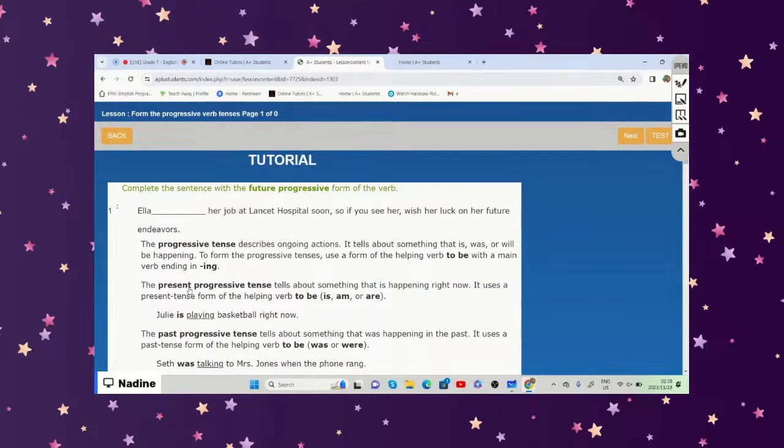The progressive tense describes ongoing action and tells about something that is, was, or will be happening.